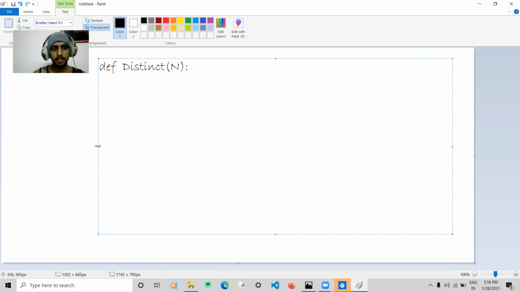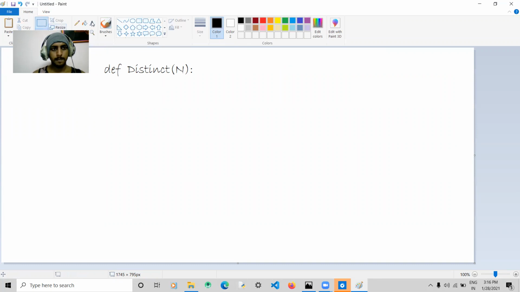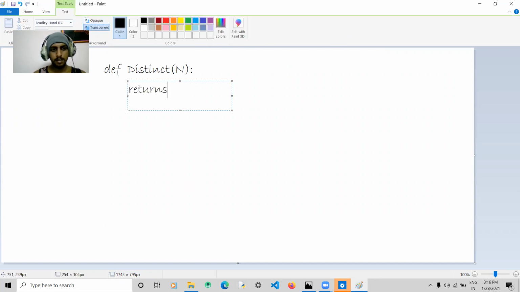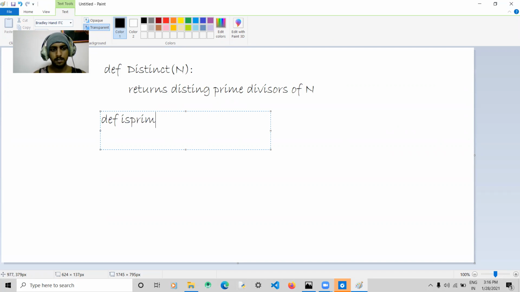This returns the distinct prime divisors of n. And we have another function, is prime.